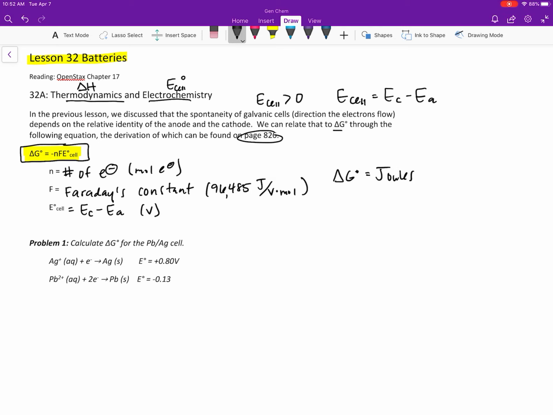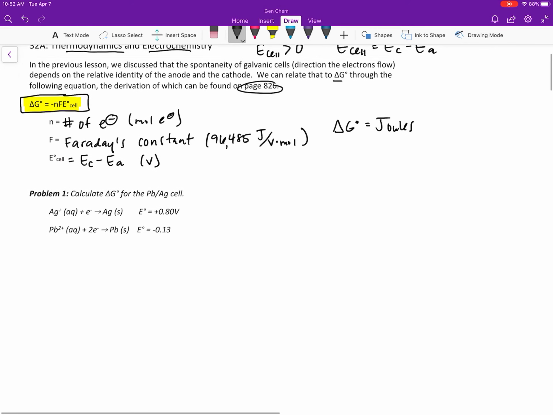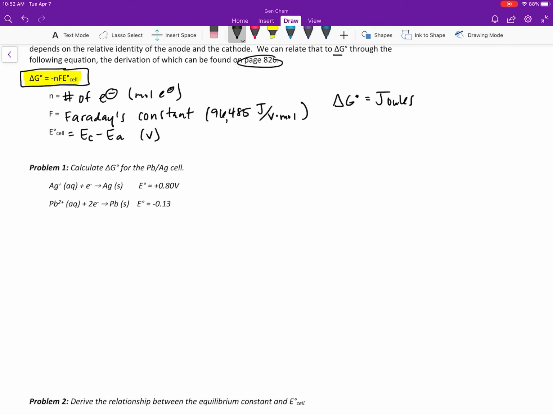All right, so let's calculate the delta G naught for the lead silver cell that we see here. Now the first thing we have to remember is what we're solving for. We need to determine the number of electrons being transferred. We know Faraday's constant, and we need to calculate E cell naught of the cell we're given.